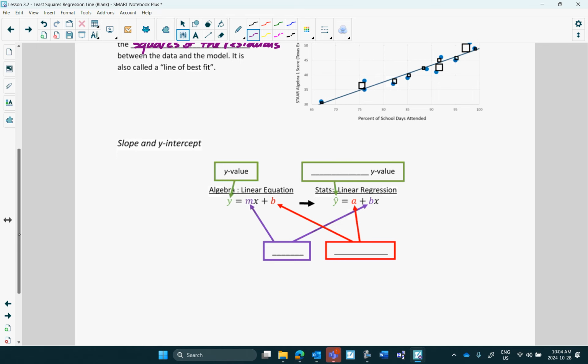Unfortunately, in stats, it's a slightly different equation, although it has the same meaning. We use slightly different notation too. Because remember, we're making a prediction line, so it's not just the y value, it's the predicted y value.